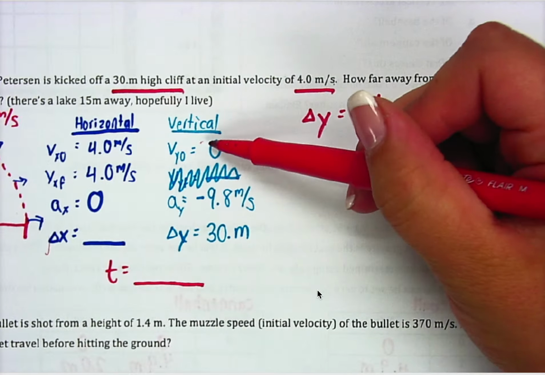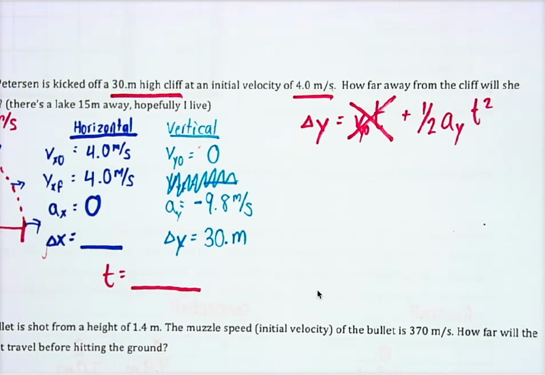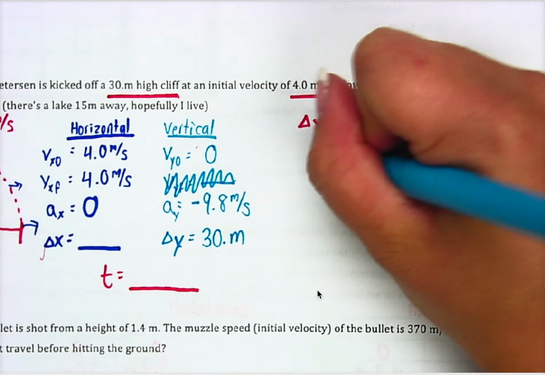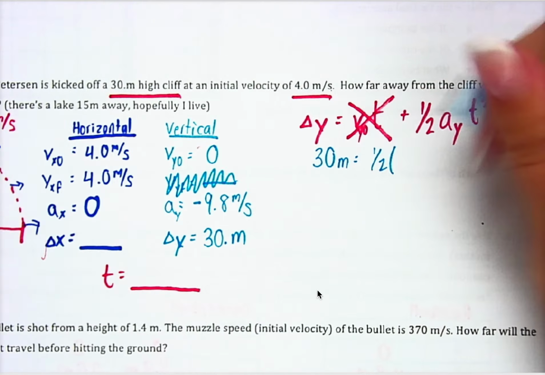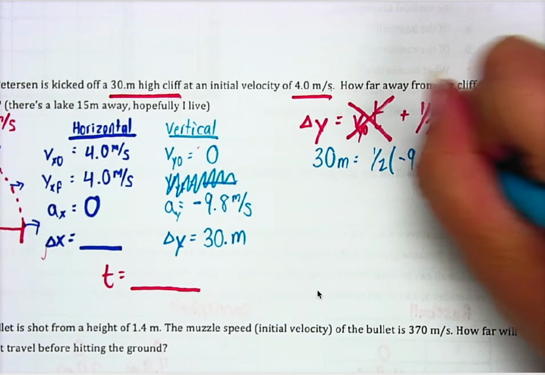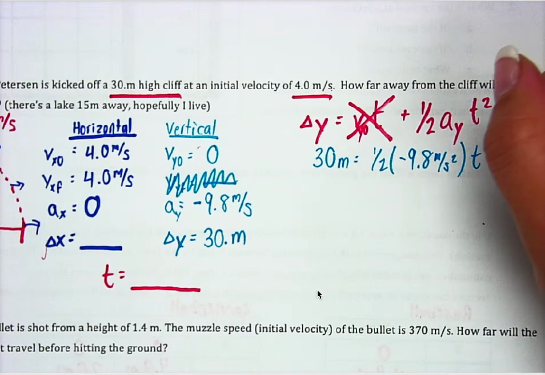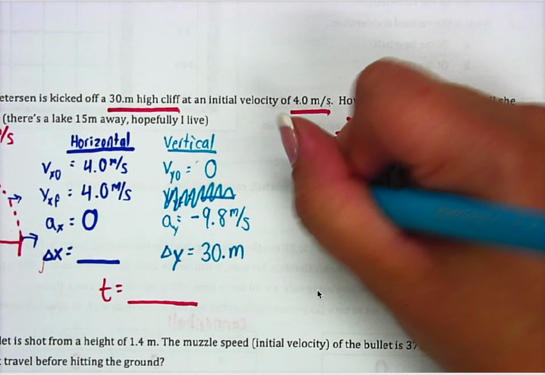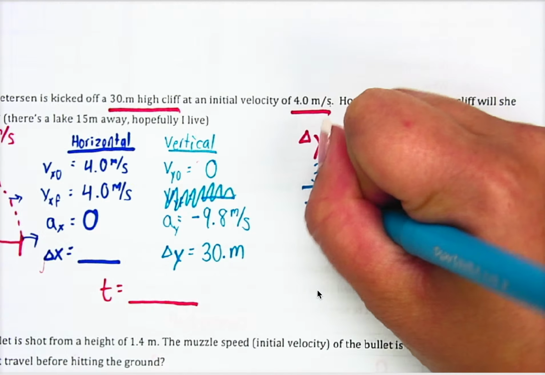Vy initial is 0, so that term cancels out. Now I can plug in numbers. Remember, always in the y, so 30 meters equals 1/2 the acceleration, negative 9.8 meters per second squared, times time squared. So we do the math. This comes out to negative 4.9, and then I'll divide it here, so negative 4.9.